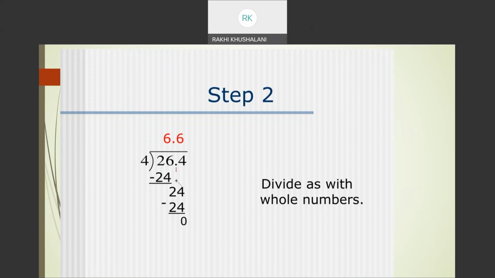I get 24. Again, 4 into 6 is 24 and the remainder is 0. Correct? Now, this point was already there. You did not do anything to it. You had already placed it in the quotient. So, your answer comes down to 6.6. We'll see more examples, children, so that you'll understand better.